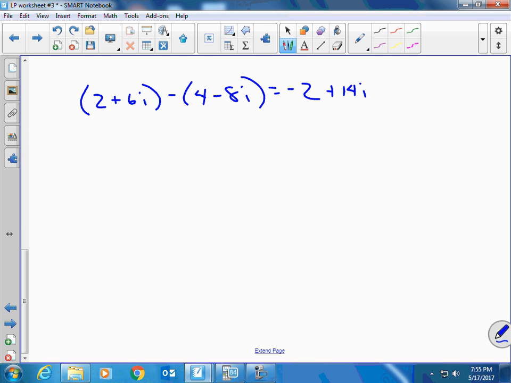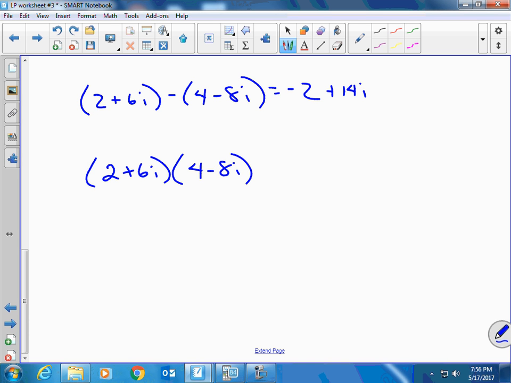How about multiply? Let's take the same one we just had. 2 plus 6i times 4 minus 8i. I can view the i as I would any other variable.